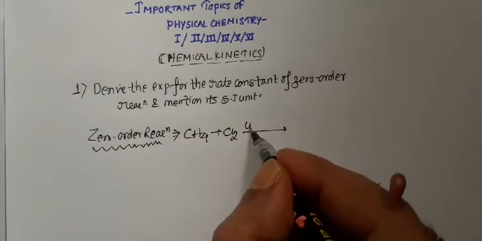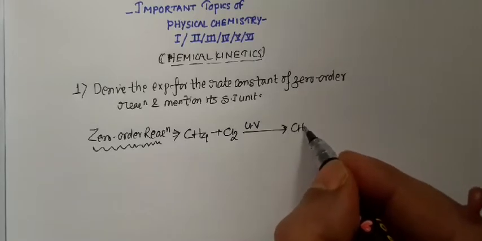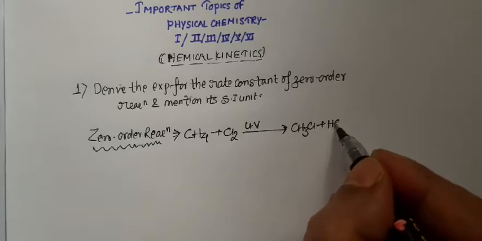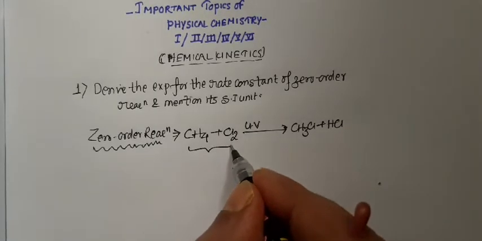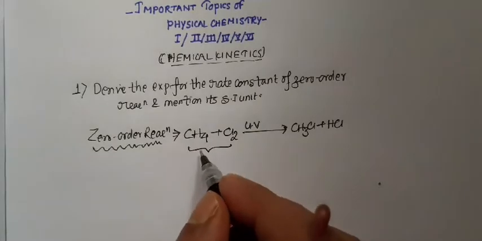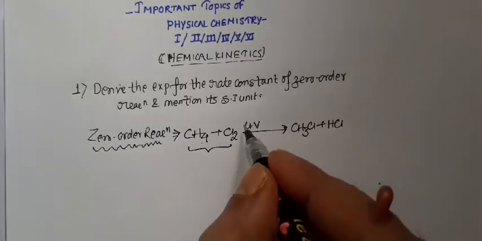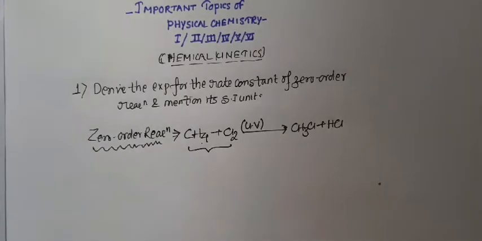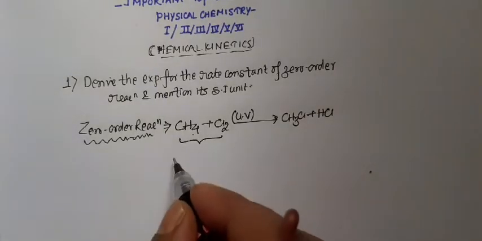The reaction is always carried out in presence of UV light and the products will be CH3Cl plus HCl. The rate of this reaction is independent of the concentration of methane and chlorine but depends upon the light. Therefore, this reaction is also known as a zero order reaction.